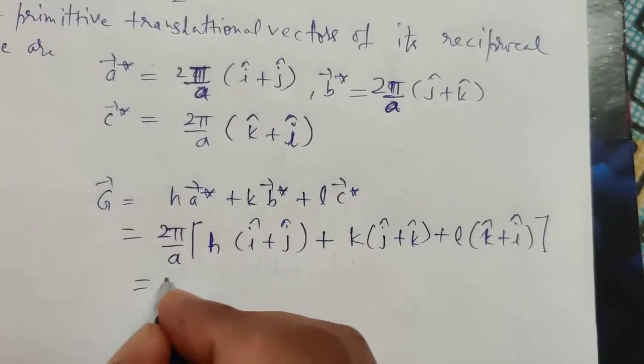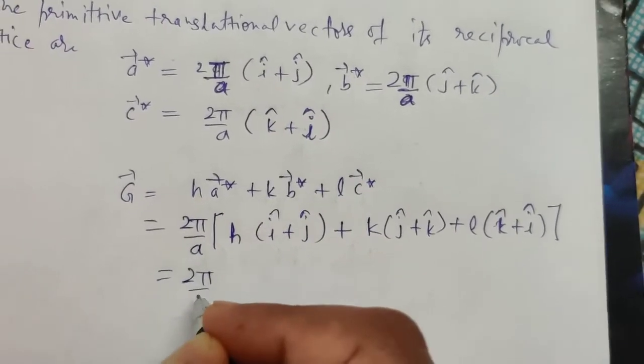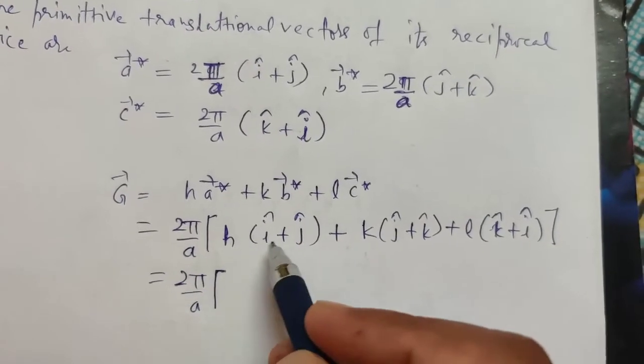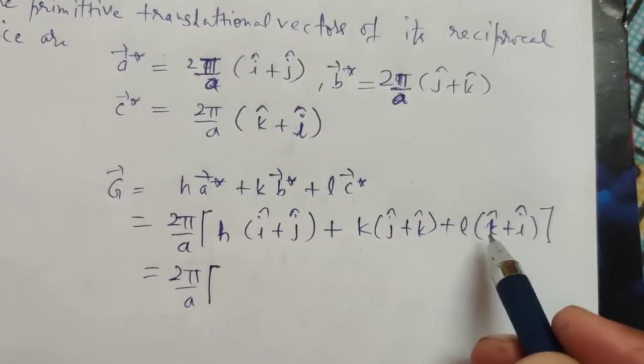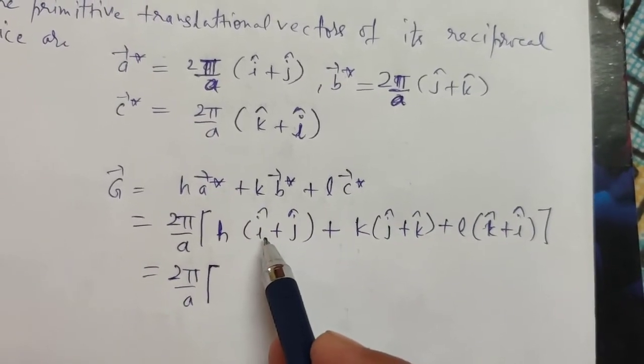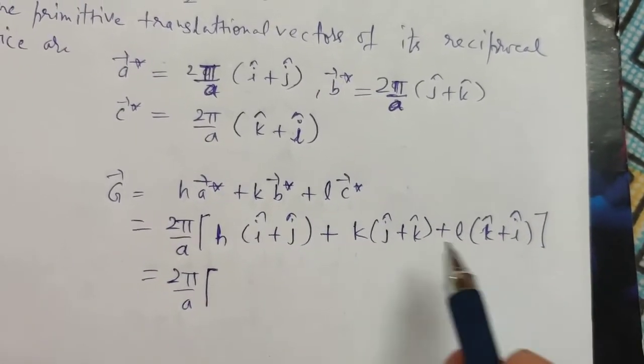Now by solving this, you will multiply, open this bracket and open this bracket, and rearrange by taking I common, J common and K common.